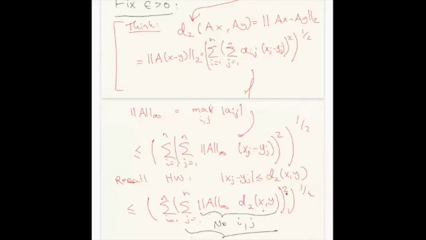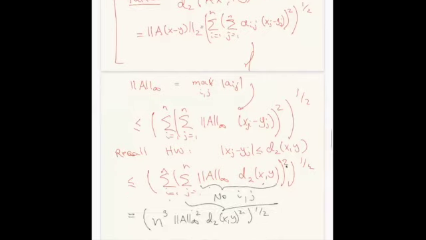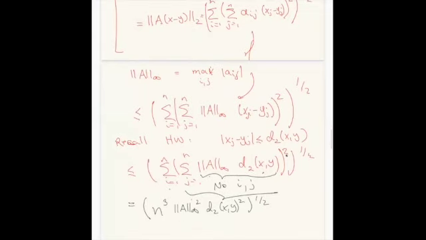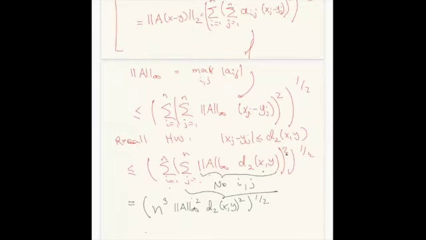And then we get another n. So we get n cubed times the norm of A squared times the distance between the points squared, to the 1/2. That's just the sum, estimated term by term with the constants.